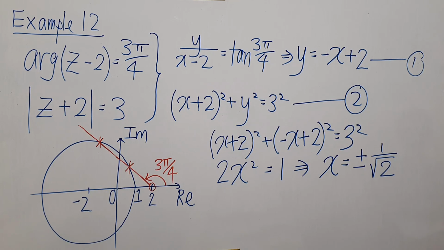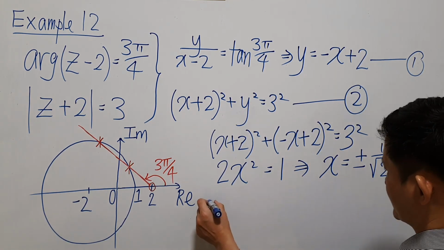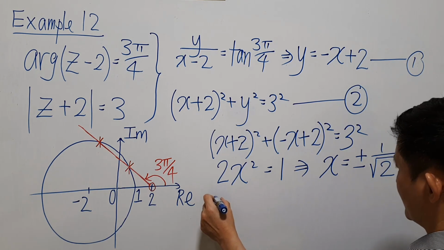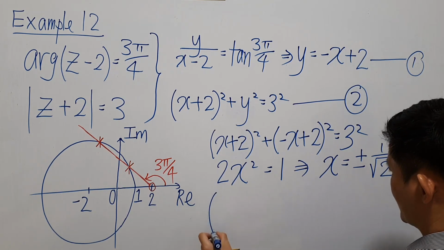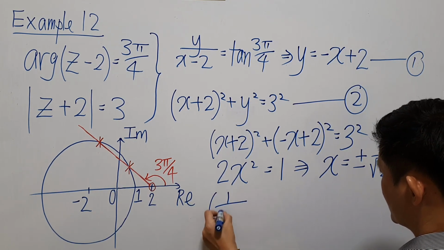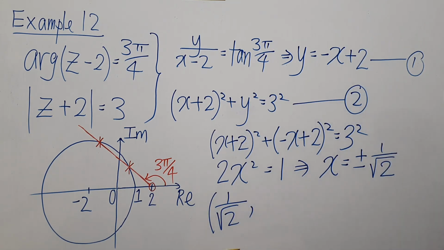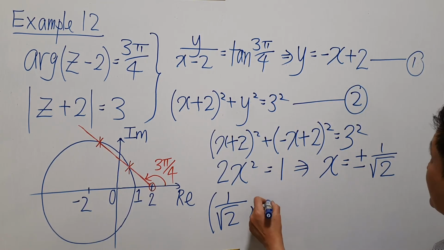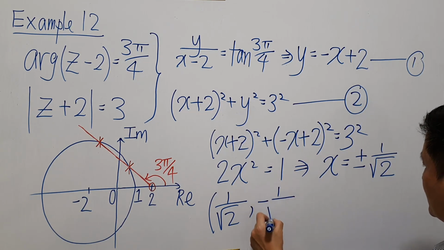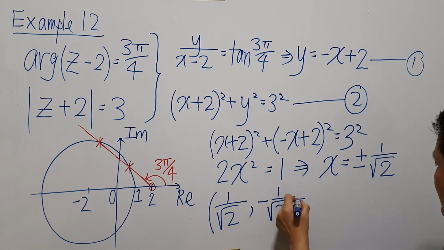Now that you know your x, you can find your y. If x is 1 over square root 2, I plug it back into here and get minus 1 over square root 2 plus 2.